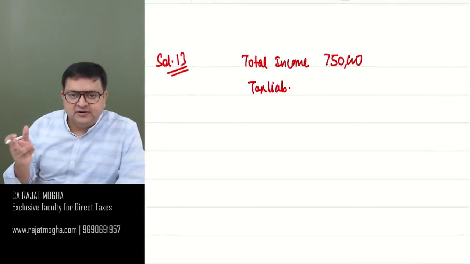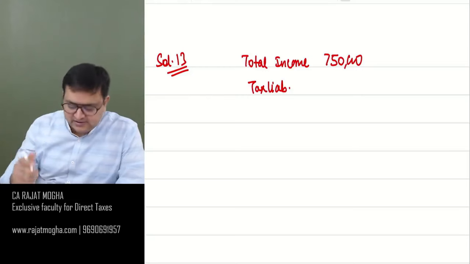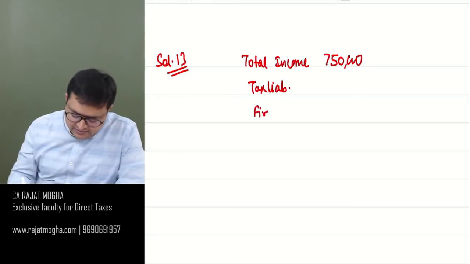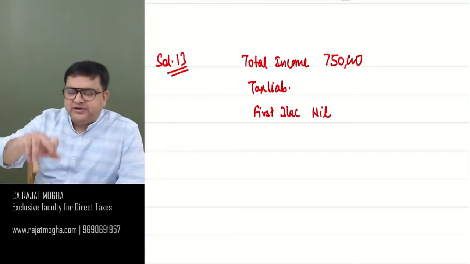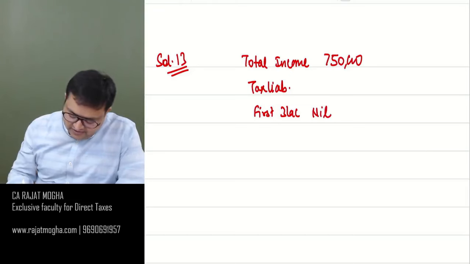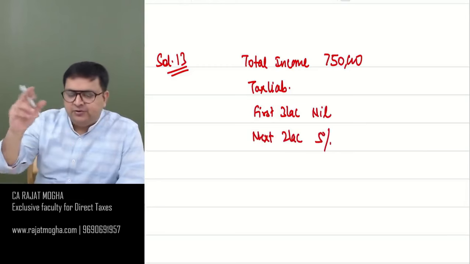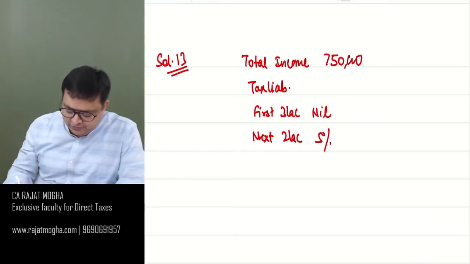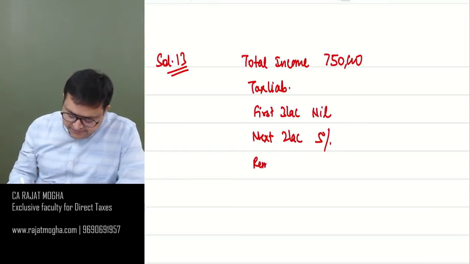She is a senior citizen opting for the optional regime: 0 to 3 lakh nil. 3 to 5 lakh, the next 2 lakh at the rate of 5%. 5 lakh to 10 lakh, but she is going up to 7.5, so the remaining 2.5 lakh at the rate of 20%.